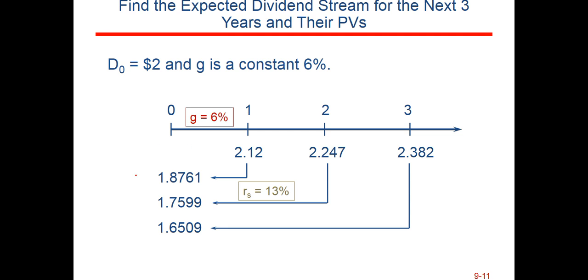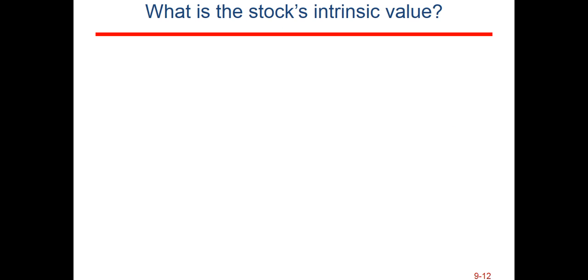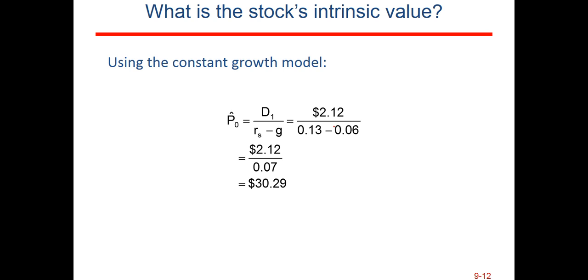Let's further assume that again the discount rate is 13%. The current dividend is $2 and g is constant at 6%. Let's calculate the value of the stock. D1, which is the dividend a year from now, is going to be $2 multiplied by 1.06.